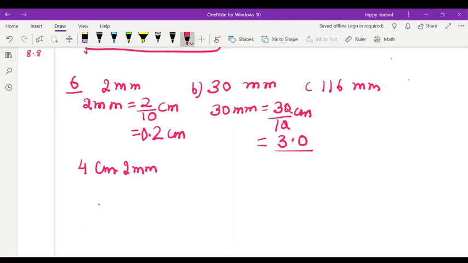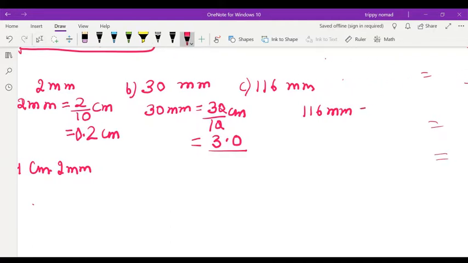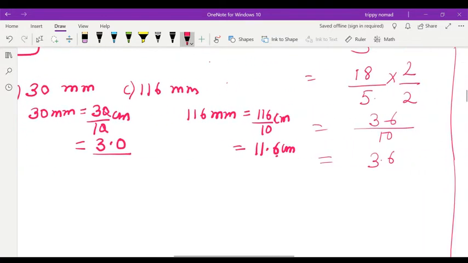In C, you see, 116 millimeter is equal to 116 upon 10 centimeter. Here you put the point before one digit, so it will become 11.6 centimeter.